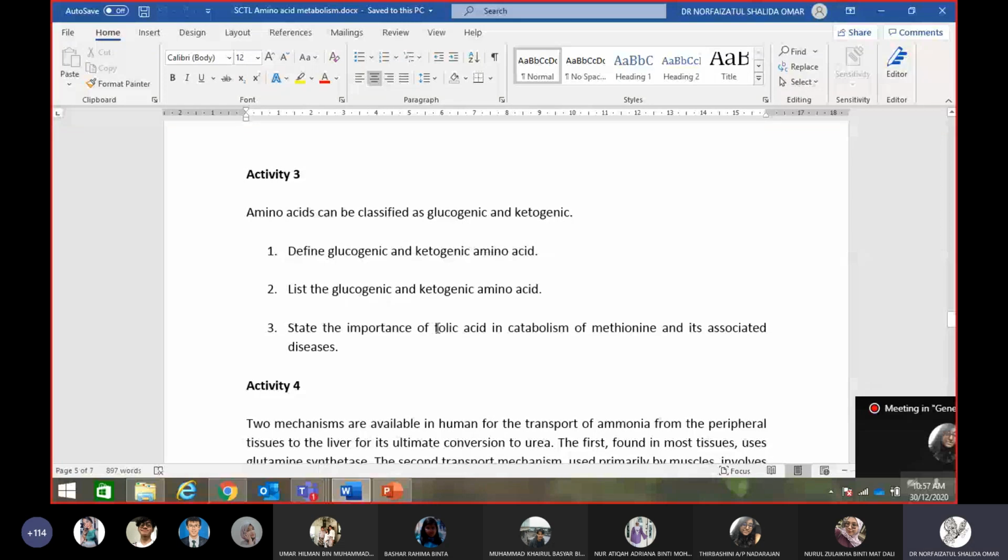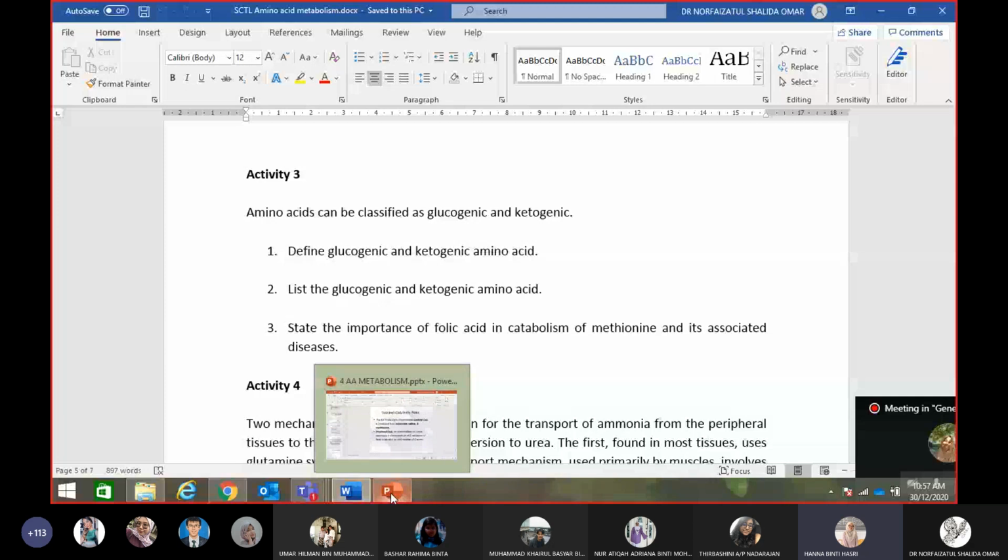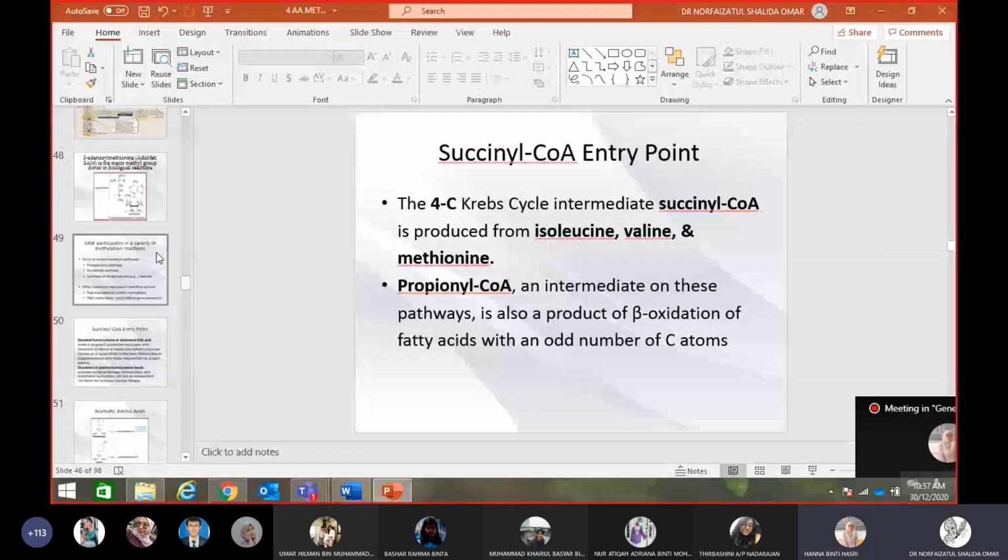At which reaction is this folic acid important? Succinyl-CoA. Okay, the succinyl-CoA entry point.